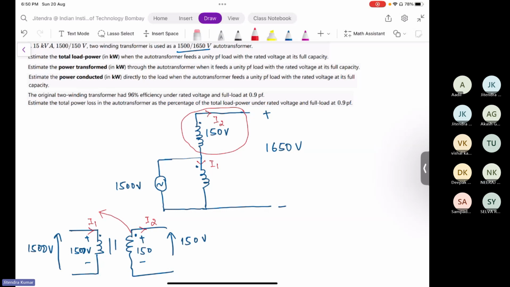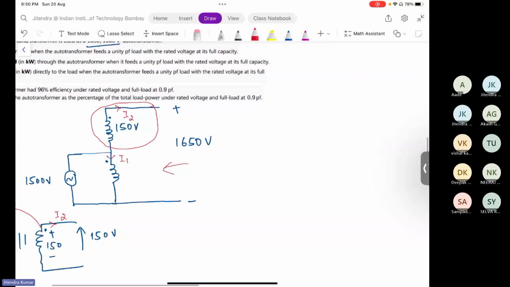Let's suppose, sir, we have connected the 1500 volt at the right hand side, the opposite side. Then what will be the direction of I1?